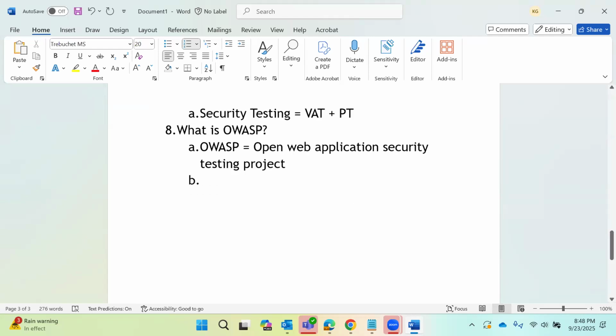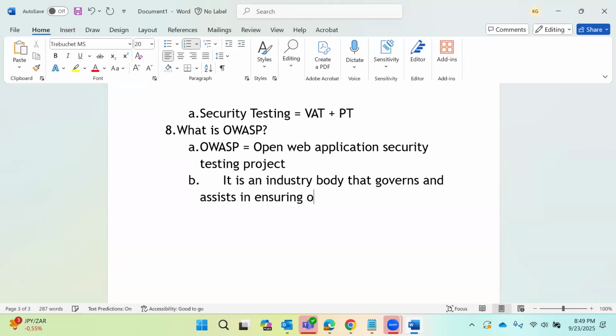And it is an industry body that helps developers, testers, and also DevOps engineers on how to develop your application from a security perspective, how to test the applications from a security testing perspective, how to deploy your applications from a security perspective so that you safeguard your projects. It is an industry body that governs and assists in ensuring our developed applications are secured from attacks.